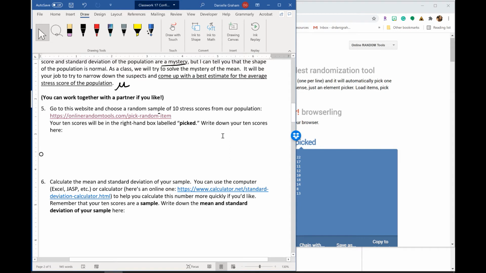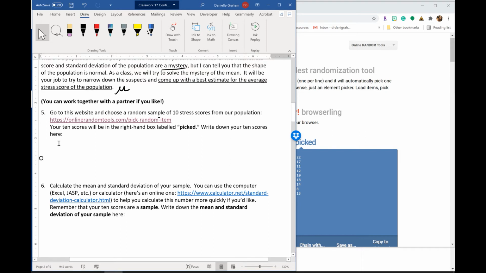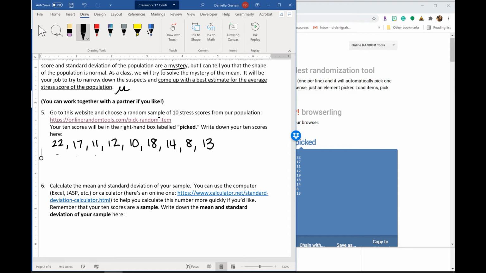Write down my 10 scores here. So I got 22, 17, 11, 12, 10, 18, 14, 8, and 13. That's my random sample of 10 scores. Let me make sure there's 10. 1, 2, 3, 4, 5, 6, 7, 8.